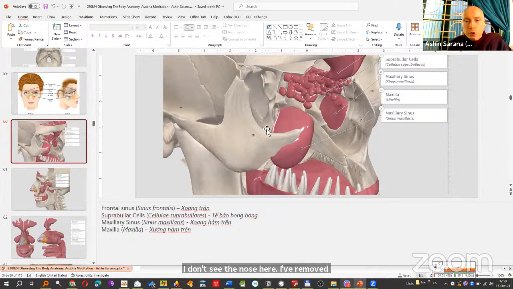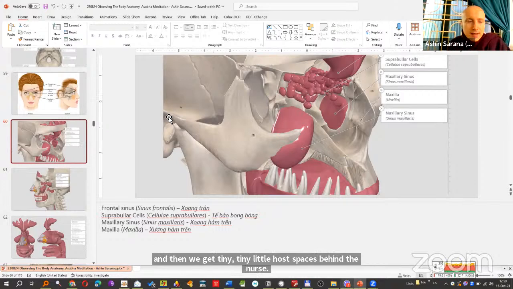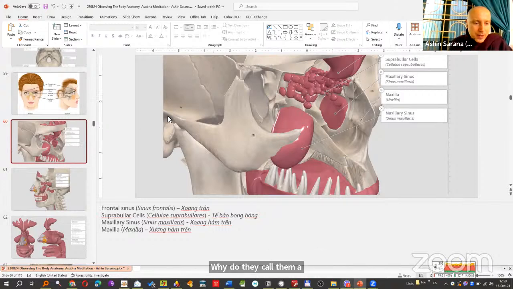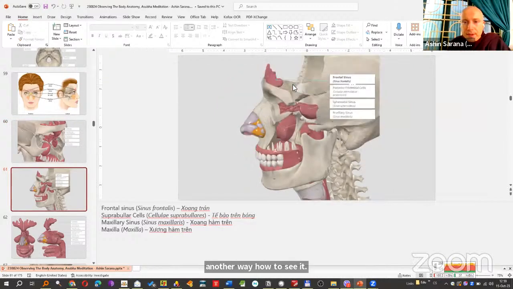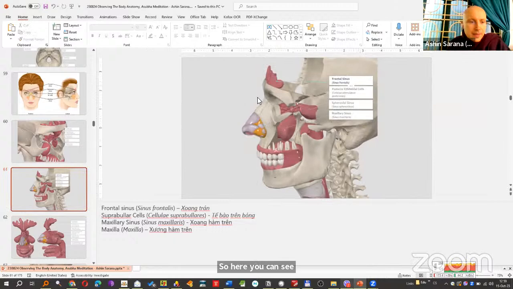So we get 2 big hollow spaces, then 2 other hollow spaces above the nose, and then tiny little hollow spaces behind the nose. Why do they call them a pair? That I don't know. We have here another way to see it. Oh, I see. I need to zoom out.